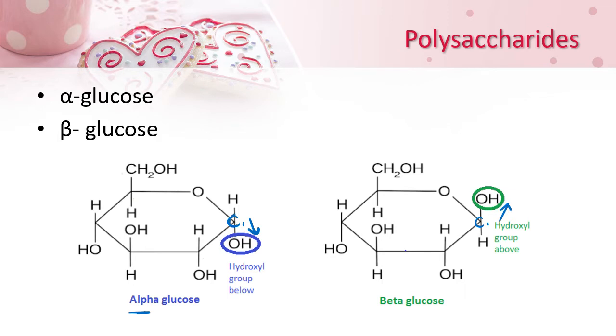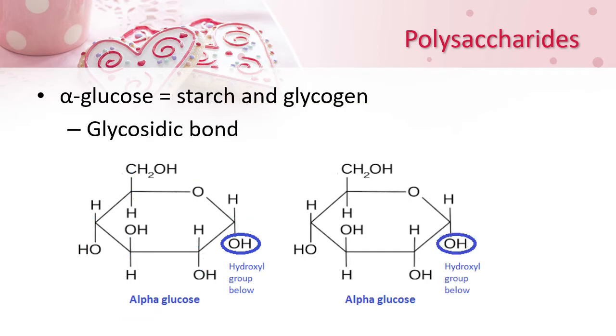So we've got carbon 1, carbon 2, carbon 3, carbon 4, carbon 5, carbon 6 in our glucose ring. Oxygen is that other little point of the hexagon. Hydroxyl down, down, up, down. Whereas in beta glucose, we have oxygen, carbon number 1, up, down, up, down. Alpha glucose, beta glucose.